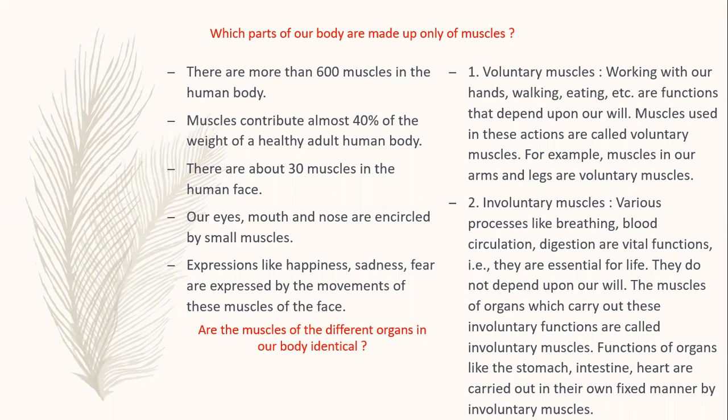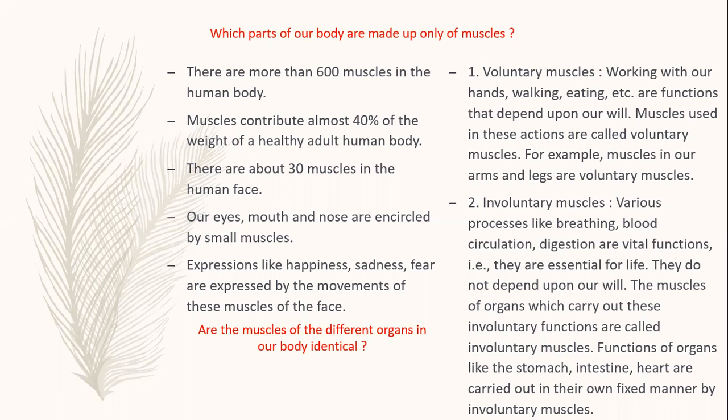Now, the muscles of the organs, when digestion is happening or when blood circulation is happening, these organs carry out involuntary functions, and such involuntary functions happen because of the involuntary muscles. So the muscles of the organs which carry out these involuntary functions are called involuntary muscles.